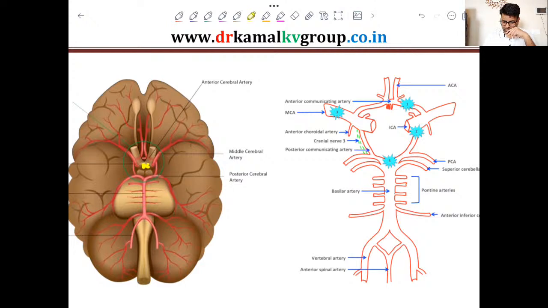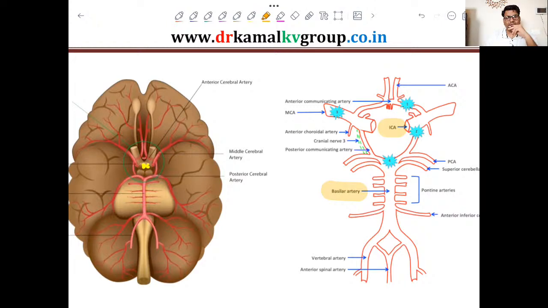Now here, what is more important for you to understand is that there is participation of the branches of two arteries in the formation of the circle of Willis. From the posterior side, the major artery is the basilar artery, and from the front side, the major artery is the internal carotid artery, right?